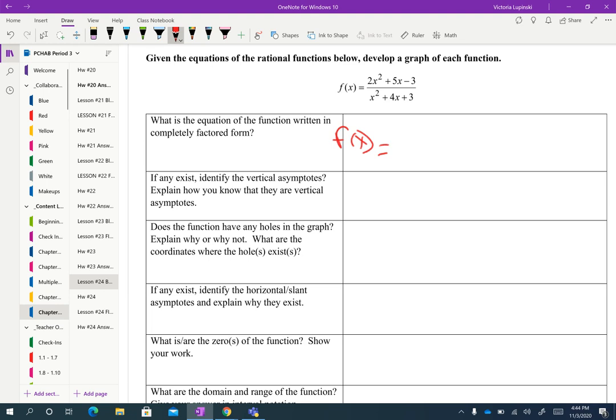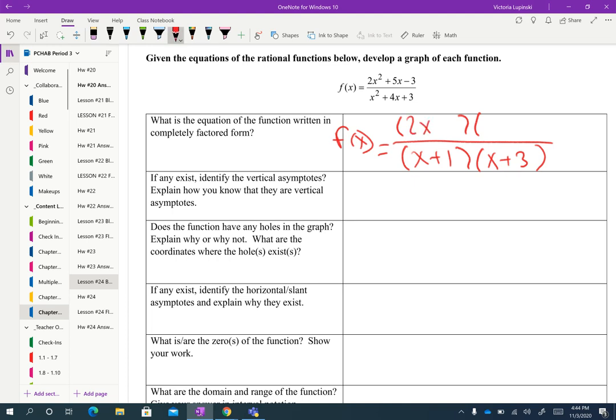The first thing that I want to do here is find the equation of the function in factored form. So I'm going to factor the top, and I'm going to factor the bottom. Keep in mind, there could be circumstances where they don't factor, but the truth is that's not really very much fun because you can't really find much. It's easier to factor on the bottom: factors of 3 that add up to be 4. That's 1 and 3.